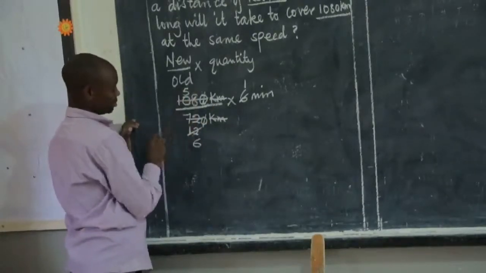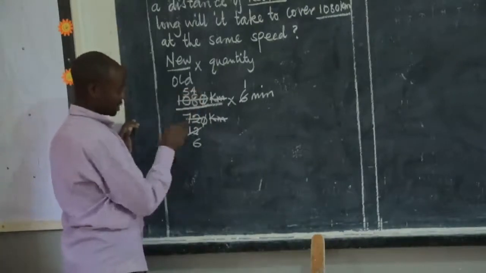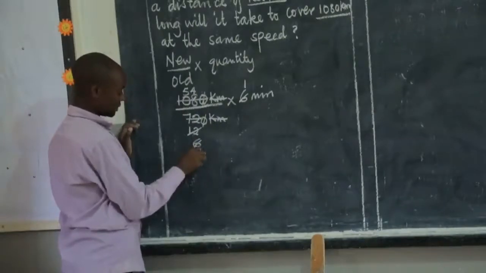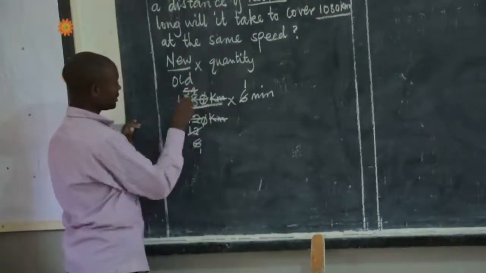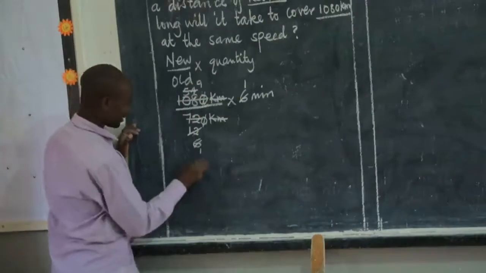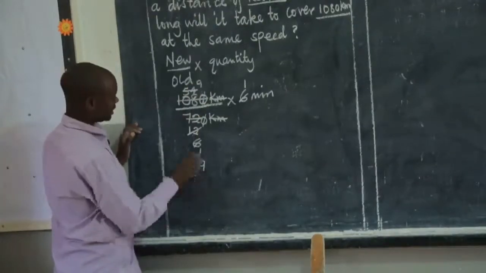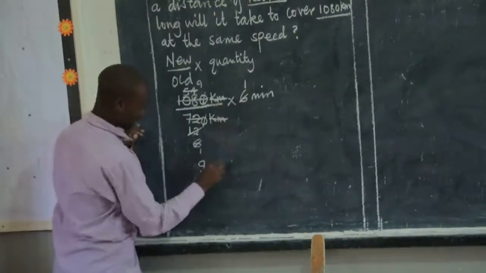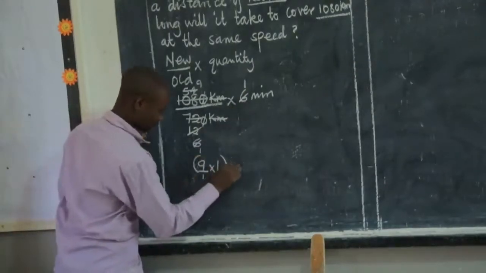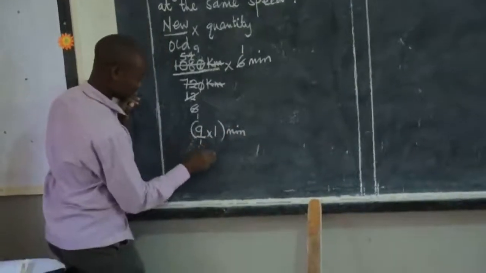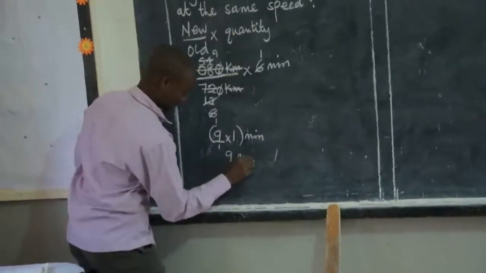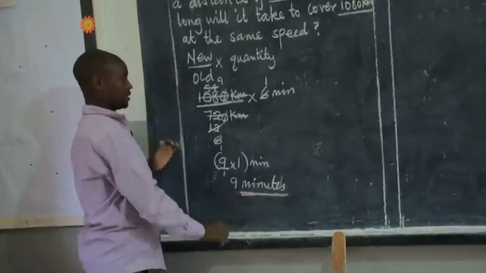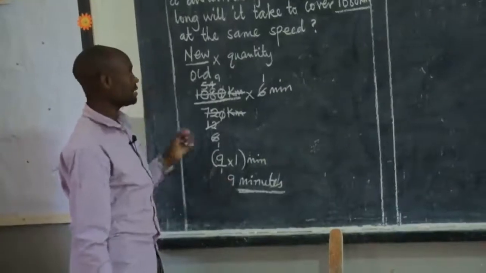When you reduce by 2, you get 4. Which number can I use? You can use 2, you can use 6. Let me use 6. By 6 is what? 1. Then by 6 here is 9. So it means I have remained with 9 out of 1. Then times the 1 minute. And this one will give me 9 minutes. You see? Okay. So it will take 9 minutes.